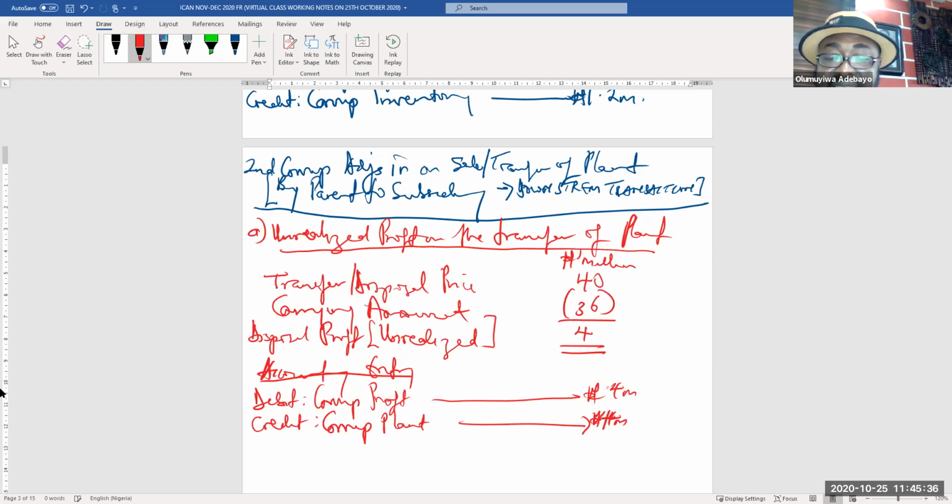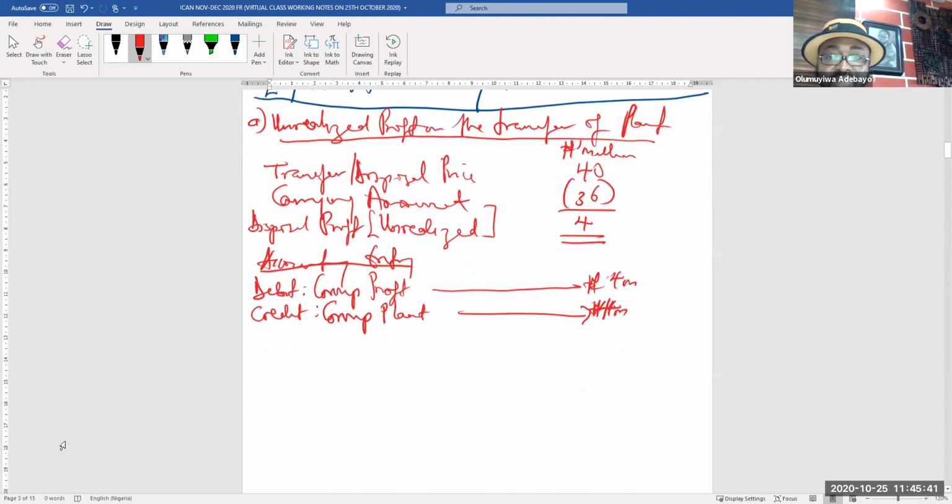But as I've explained at the introductory stage, it doesn't stop here, because the subsidiary that bought the asset for 40 million has 40 million in its books and is depreciating that asset on the basis of 40 million. Remember, it has 10 years useful life from that point. It then means that in that scenario, we'll be depreciating it 4 million per year for 10 years. But from the group perspective, we are saying that no, it is not 40 million.